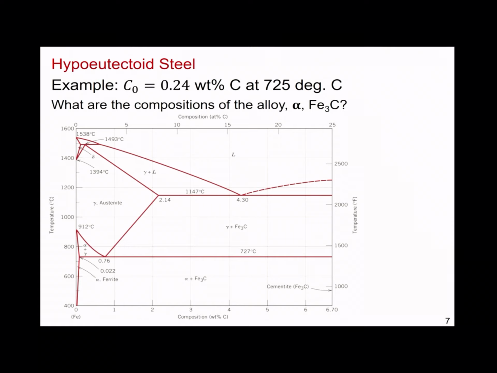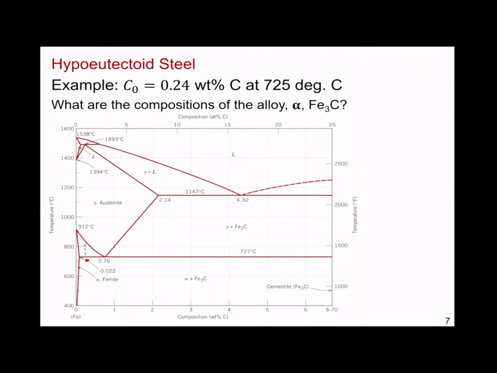So if you happen to have a C naught of 0.24 weight percent carbon at 725 C, so that means you've just solidified below the eutectoid temperature. So 0.25 is somewhere here, about a quarter, so you're about here. Okay.